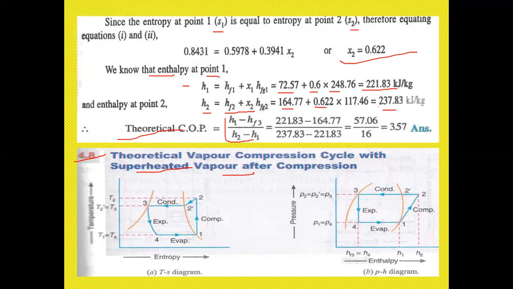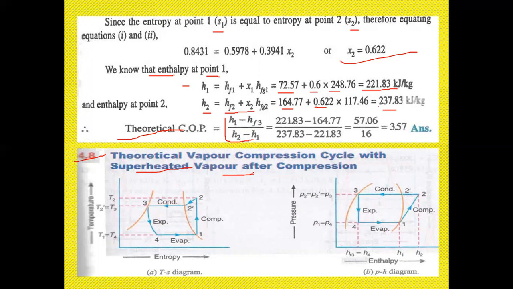Now the temperature T1 is equal to T4, and the temperature T2 dash is equal to T3, and temperature T2 is as it is. So that is for the temperature and entropy. Next, coming to the pressure and enthalpy.